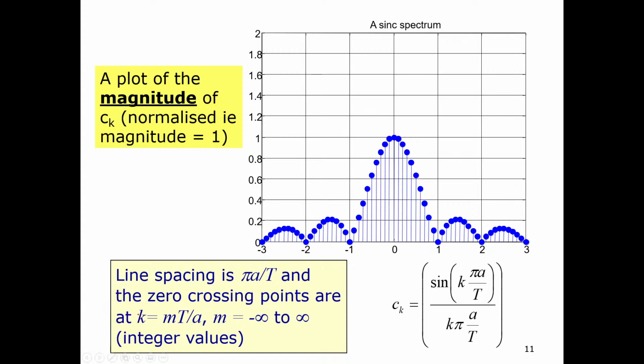So repeating this again just to explain what happens. When a decreases, the zero crossings move apart. So basically the entire curve flattens.